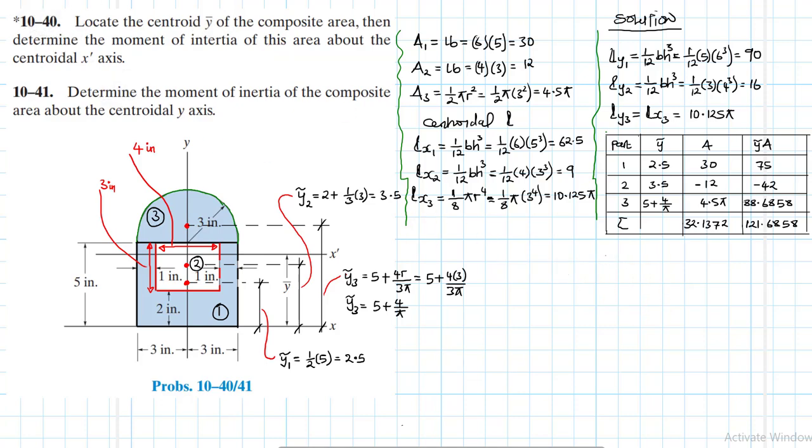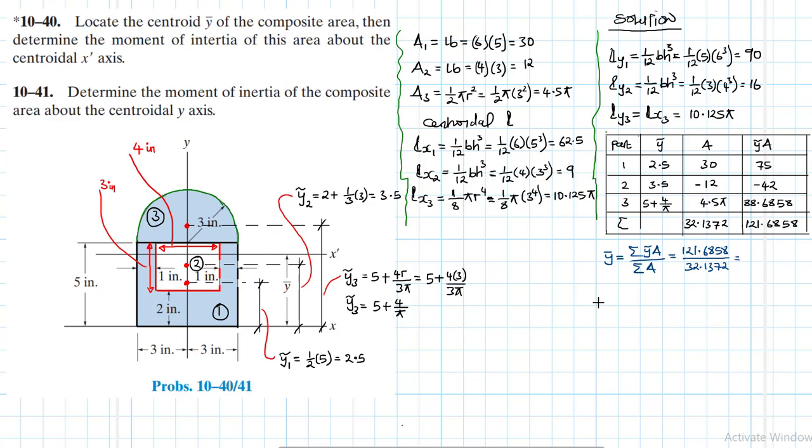Okay, then y bar therefore, let me write it in blue. Y bar therefore is equal to the summation of y curled area divided by summation of area, which is equal to 121.6858 divided by 32.1372.